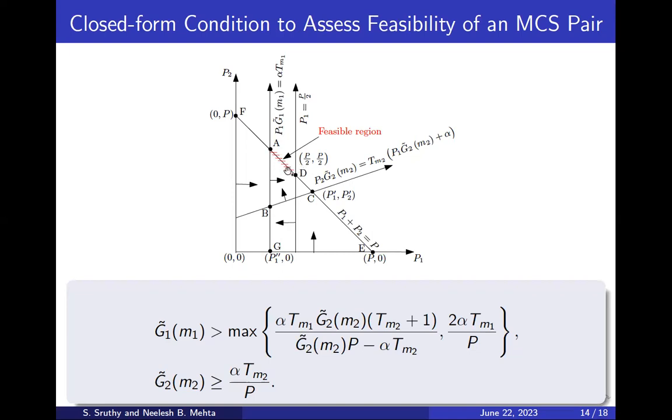So any P1, P2 from this region can be used further for processing. Instead of going for a numerical search or a gradient descent to check the feasibility of an MCS pair, we can just plug in these two conditions and say whether it is feasible or not. So this is called P and EESM based method.